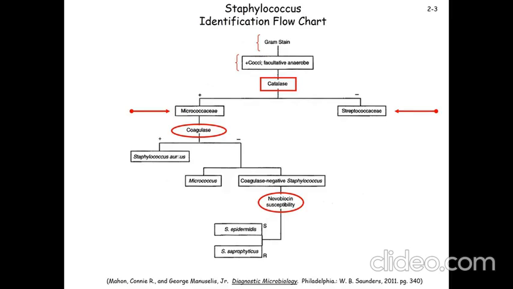So I want to emphasize that this chart is so important for you to memorize. Gram stain reaction, every step of the way, these are the most commonly encountered group of organisms. Staphylococcus not alone by itself, but it's part of a large group. We do see Staphylococcus a lot.